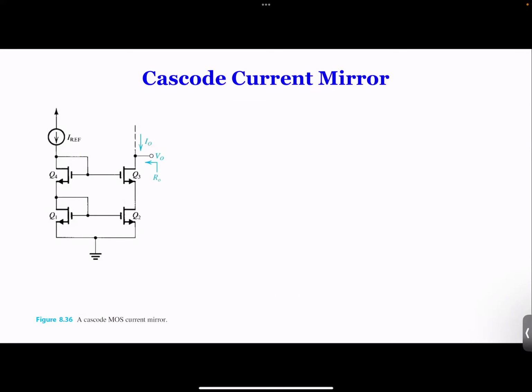But let's look at this current mirror with 2 things in series, with Q1, Q4 in series. In this example, you can see that VGS1 equals VGS2. Therefore, ID of Q1 is going to be equal to ID of Q2, because VGS is the same, and we assume all of them are in saturation mode.